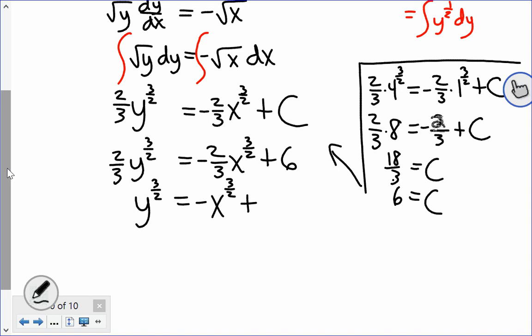So we get 9 there. And then we can raise both sides to the 2/3. So that's going to be minus x to the 3/2 plus 9, whole thing to the 2/3. There would be other ways you could write that, and that would be one of them.